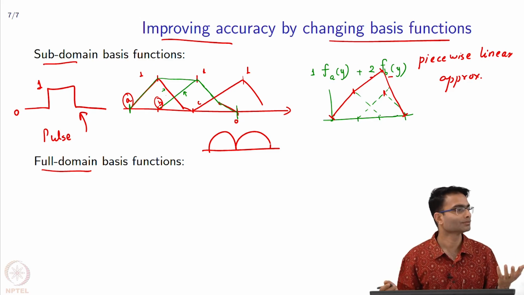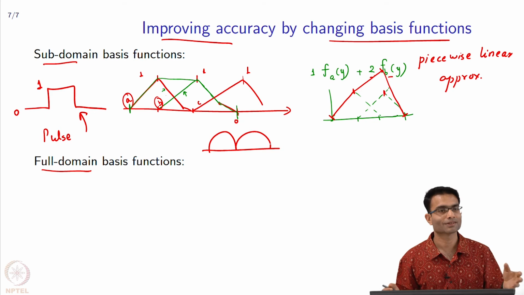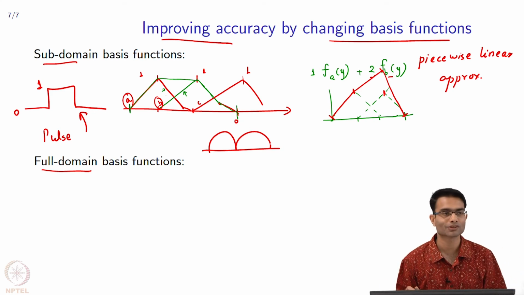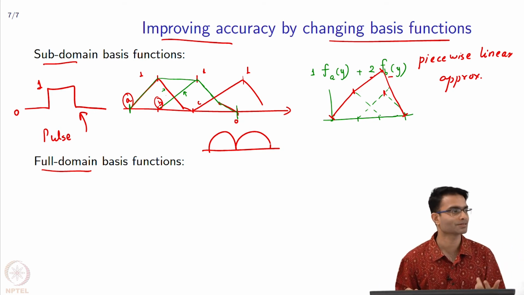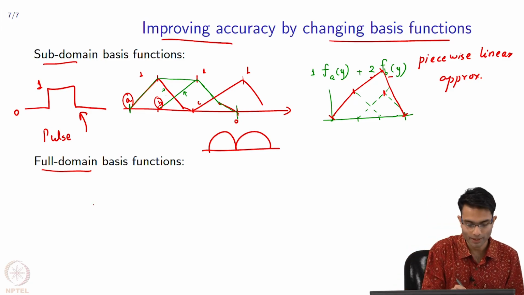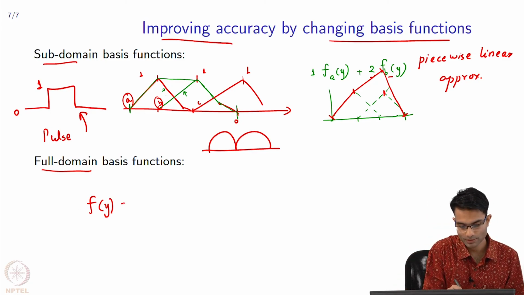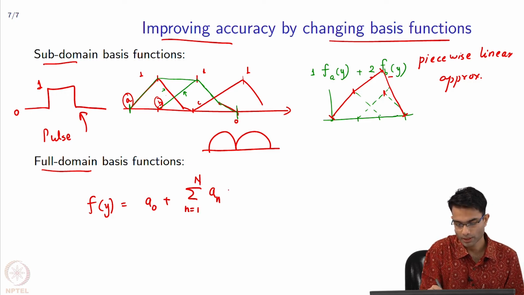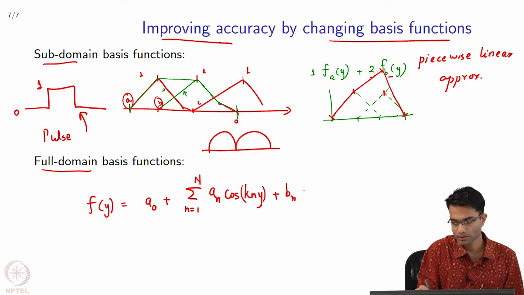What is the combination of sine and cos called? You studied in first year signals and systems. Fourier series, right? So I can write down my basis function like this: a naught plus the sum from n equal to 1 to capital N of a_n cos(k_n y) plus b_n sin.